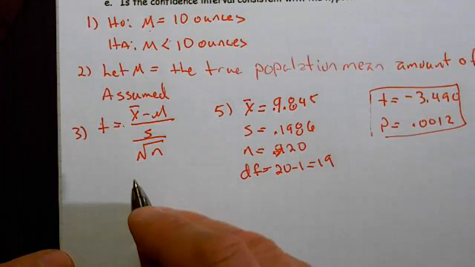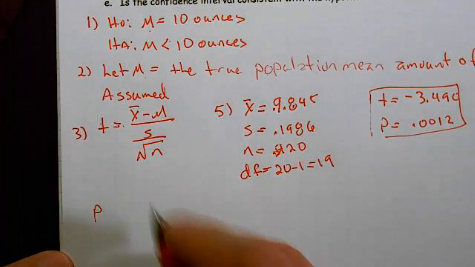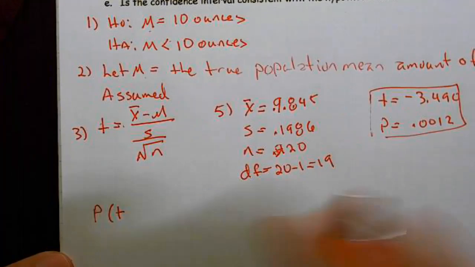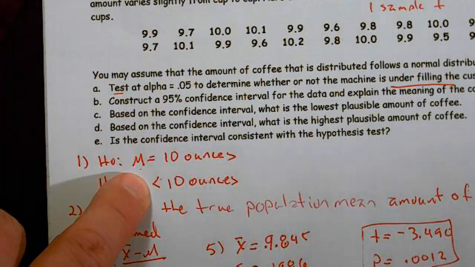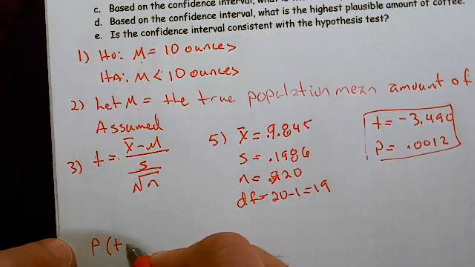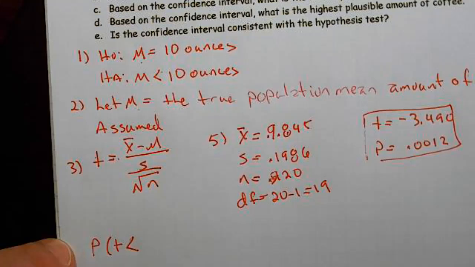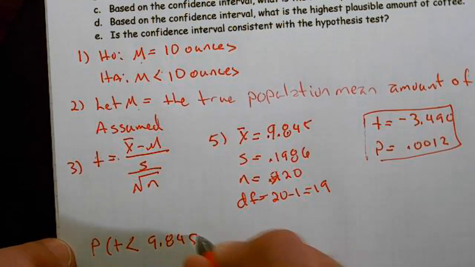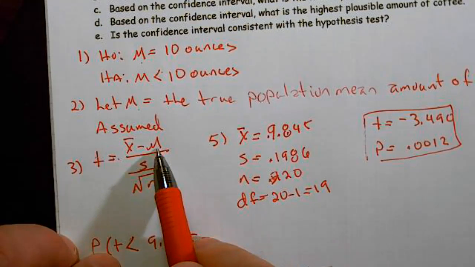So I want the probability that t is less than, and I know that this is going to be a less than because this was the last less than symbol. T is less than 9.845 minus, well, what was my mu?